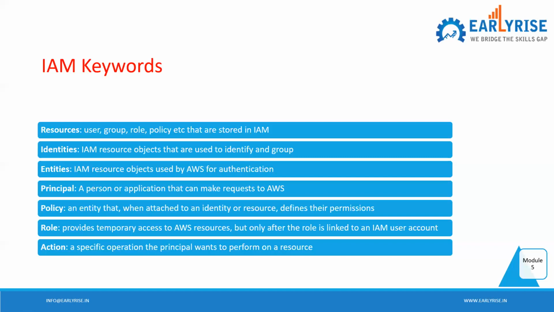How much they can do on a particular resource, how much permission they have. That can be controlled using this policy. Is that clear? In short, this policy determines the level of permission on a resource. Understood? Policy?